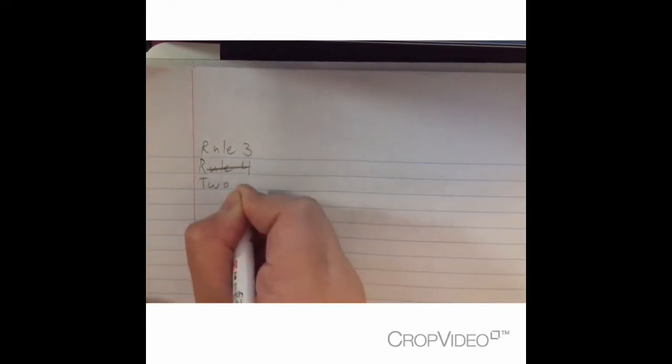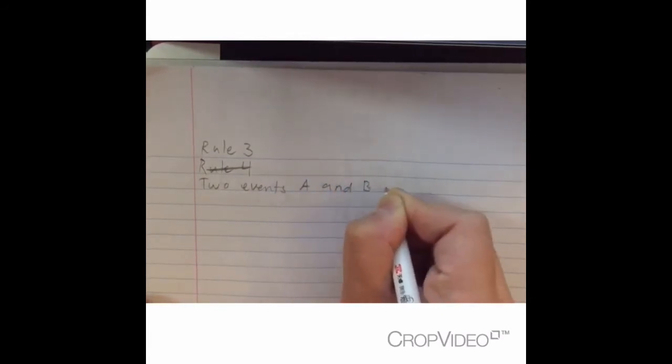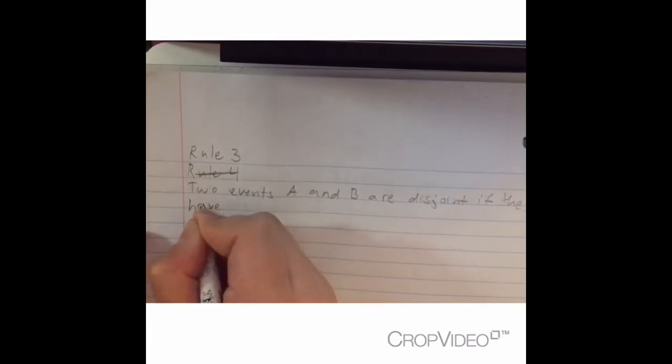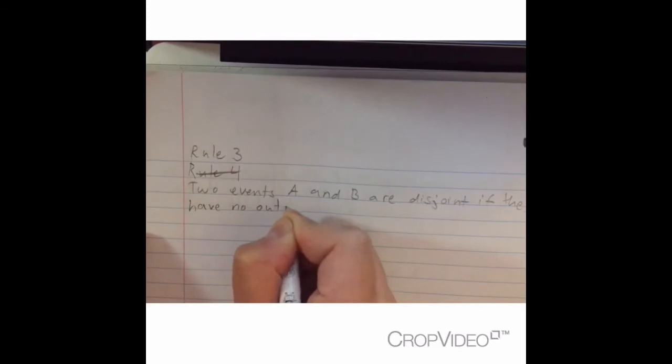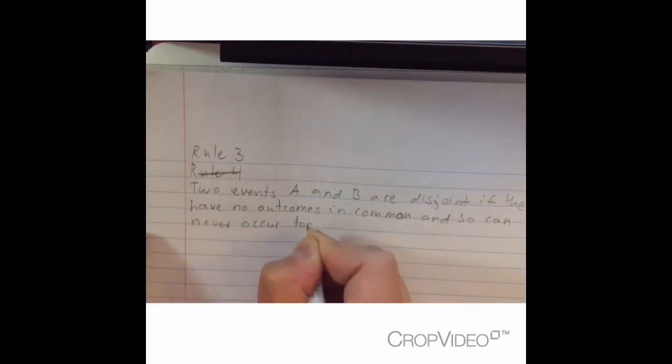Rule number 3 says two events A and B are disjoint if they have no outcomes in common, and so can never occur together.